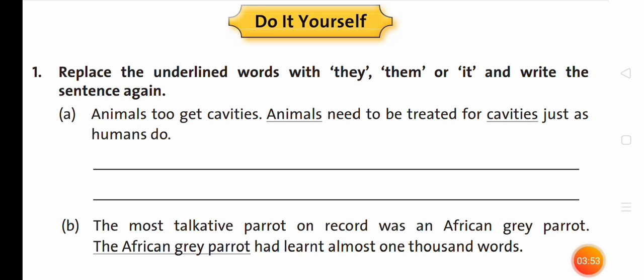Animals is a plural noun, so in place of plural naming words we use they. So here in place of animals we use they. They need to be treated for them.